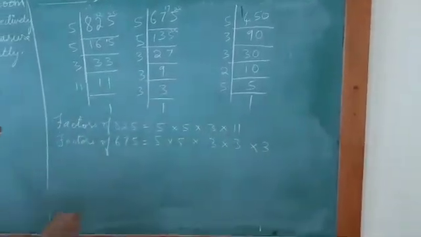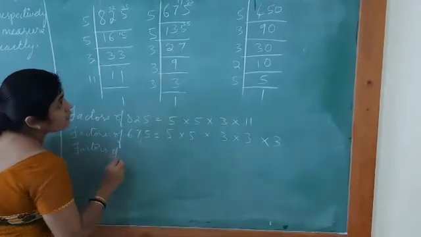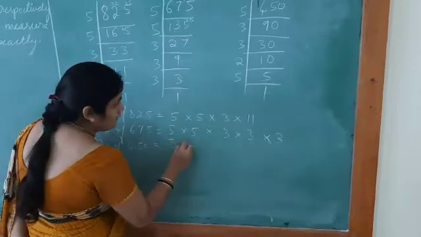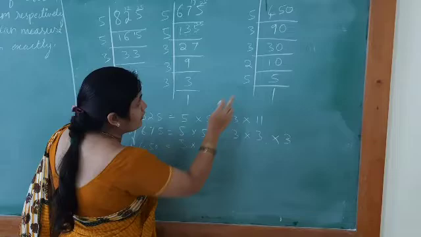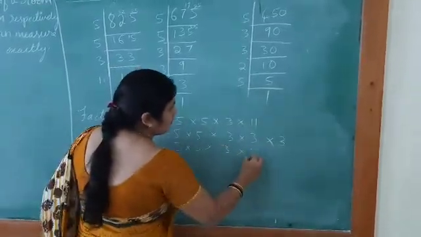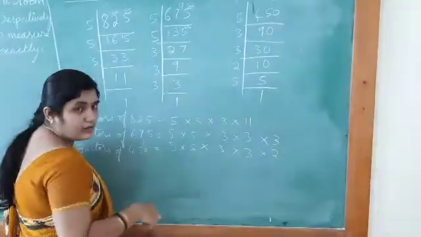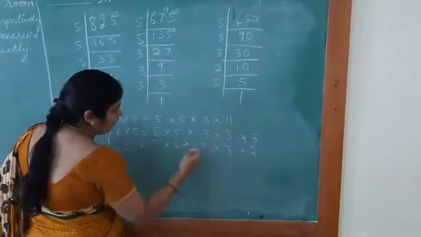Now factors of 450 is equal to 5 into 1 more 5. You can write in any order. Take this 5 into 5 into 3 into 3 into 2. Why have I done 5? Because we need to find the common factor. So you can change the order of the factors and write here.